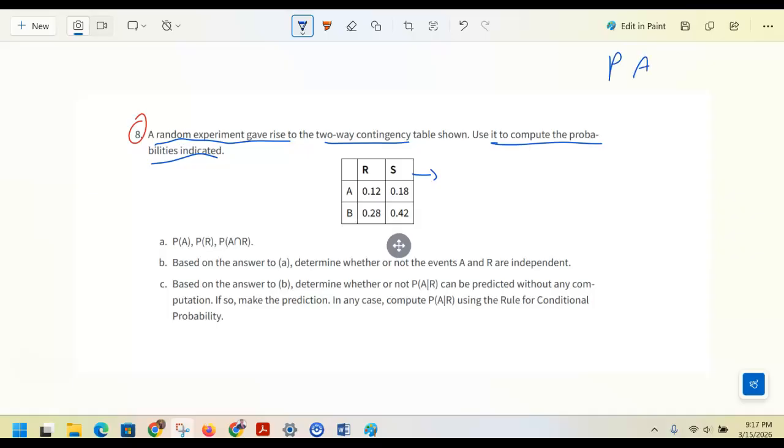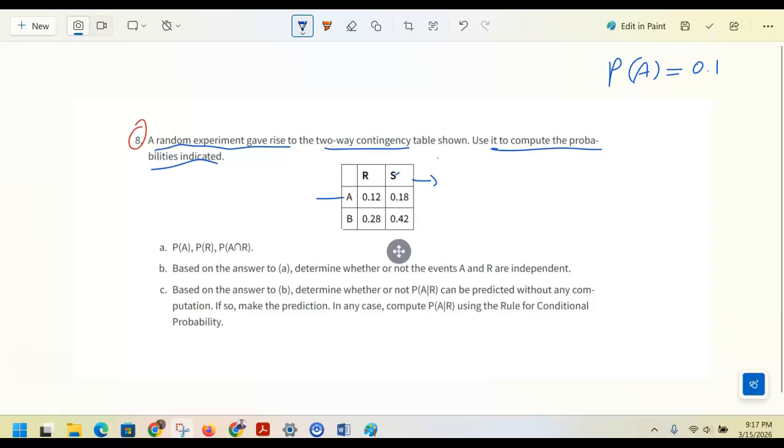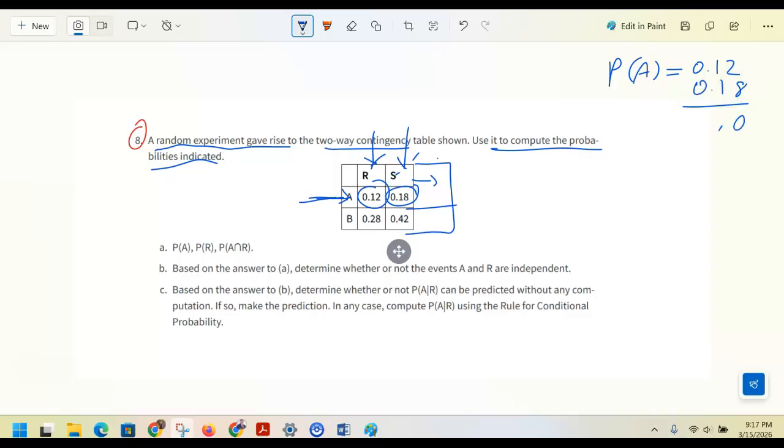What this means is, probability of A and R is this one, and this is the probability of A and S. But if I want to find the total here, if I want to know the probability of A, you have to add 0.12 and 0.18. So that becomes 0.3 this way. So let's see, based on the question, we'll try to solve this.